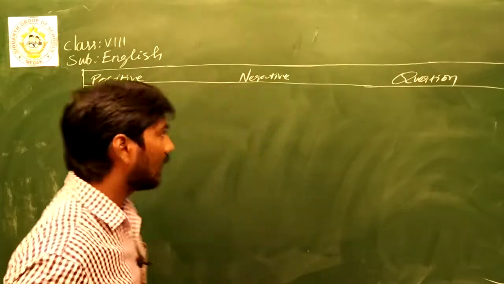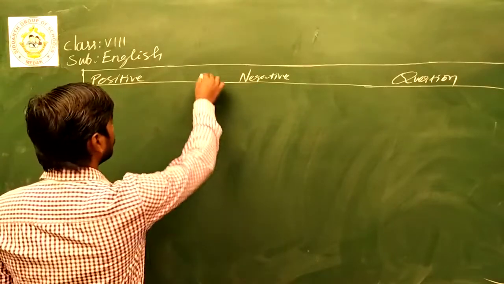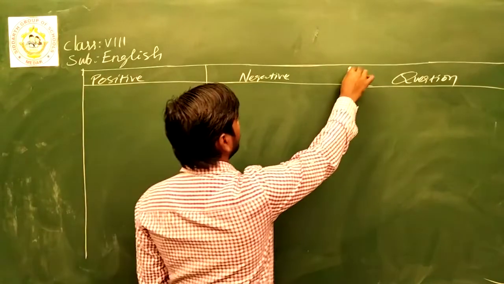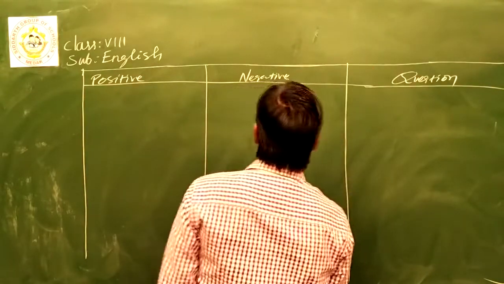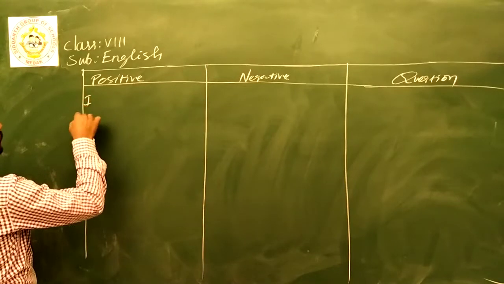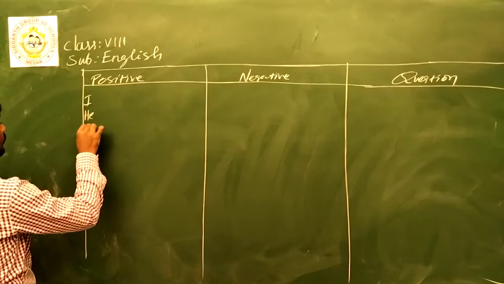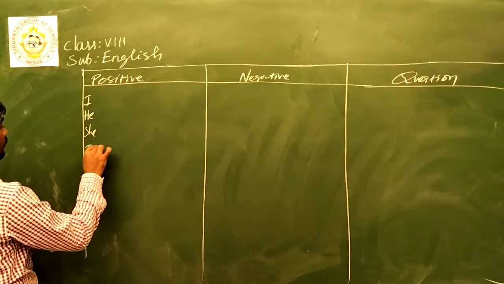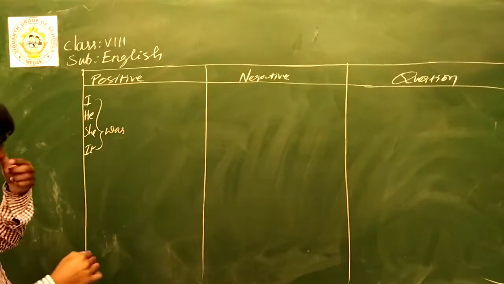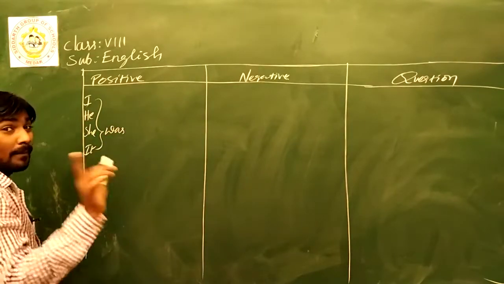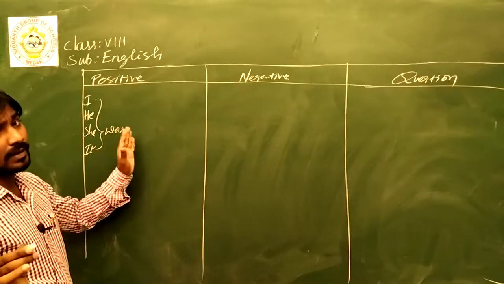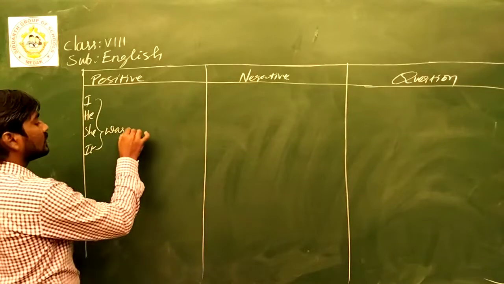So now let me write examples for you. Positive, negative and question forms in the past continuous tense. I was. I am not writing any object, children, I am writing only subject, auxiliary verb and main verb. I was walking.